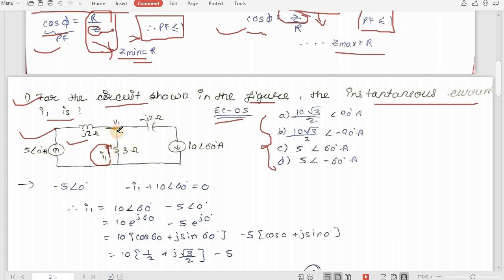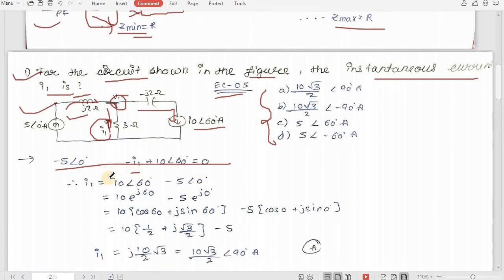So if we apply KCL here, you can see the current flowing here is 5 angle 0 degree ampere, so it will be minus 5 angle 0, minus I1, plus 5 angle 60 degree ampere. I have applied the KCL at this node. Here the current was 5 angle 0 ampere, here the current was I1, and here the current was 5 angle 60 degree ampere. So we get this equation: minus 5 angle 0 degree minus I1 plus 5 angle 60 degree equals 0.